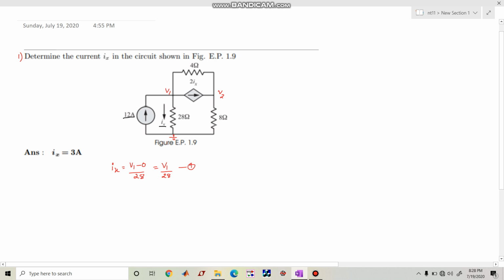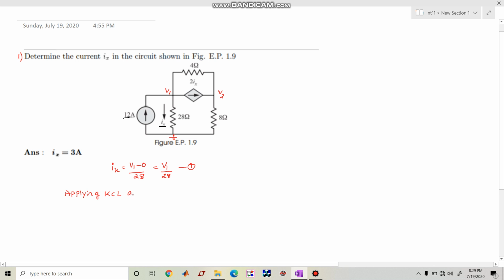This is your first equation. Now we need to find V1. For that we apply KCL at node V1. Two variables are there, V1 and V2, so we'll apply KCL individually to V1 and V2.